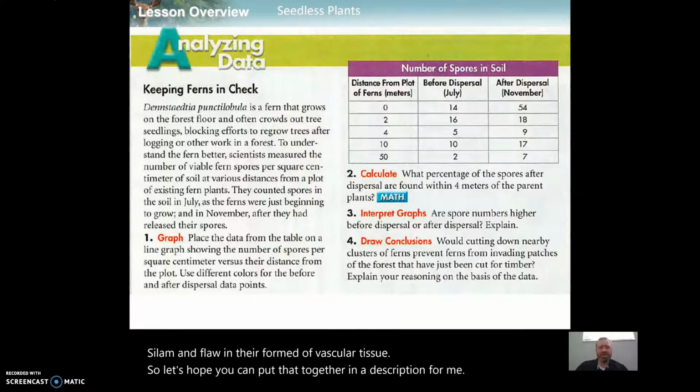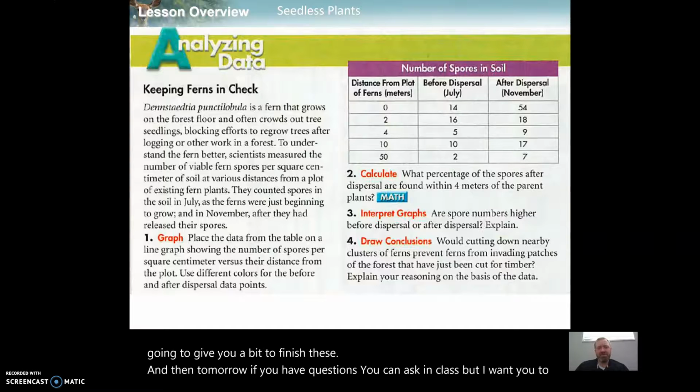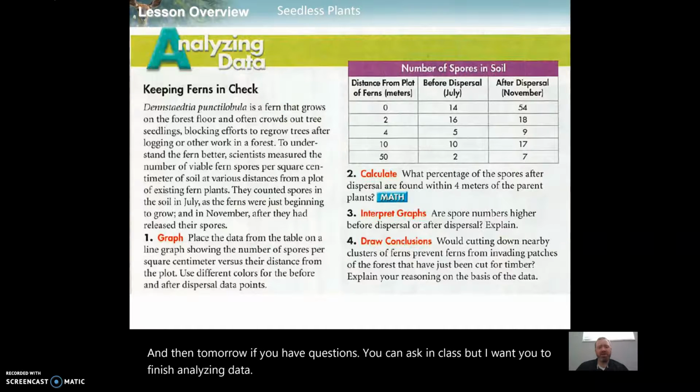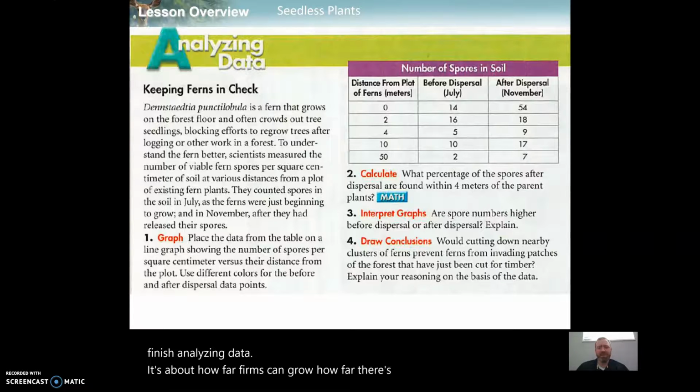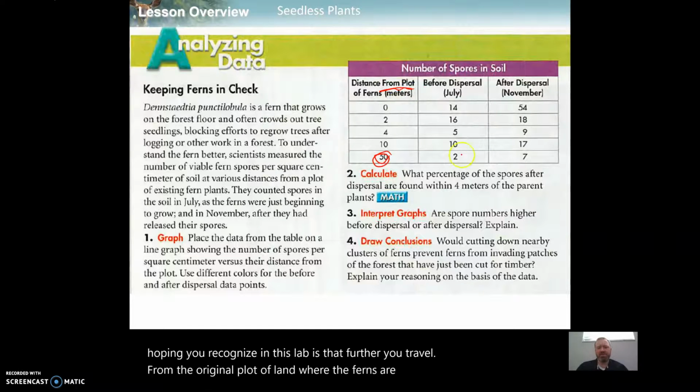The other one is a mini lab that I want you to work on. This is why I'm going to give you a bit to finish these. And then tomorrow, if you have questions, you can ask in class. But I want you to finish analyzing data. It's about how far ferns can grow, how far their spores can grow. What I'm hoping you recognize in this lab is that the further you travel from the original plot of land where the ferns are growing, the less grow, which makes sense.